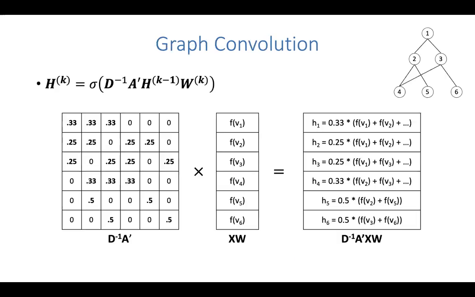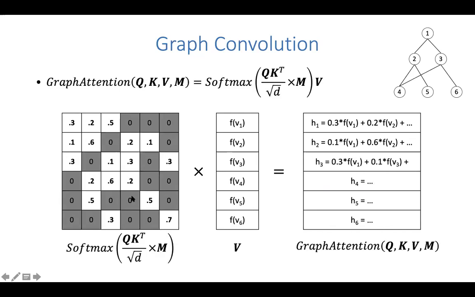So in the same manner, given a graphical structure that looks like this, instead of using a fixed normalized adjacency map using the D inverse A prime, we can do this instead.